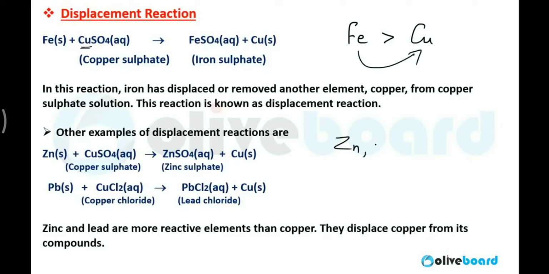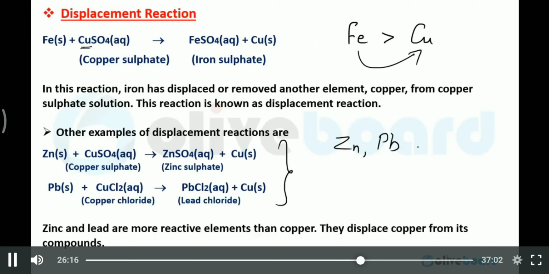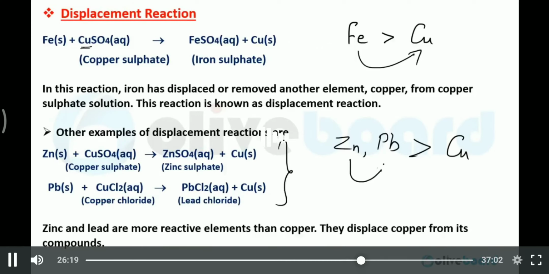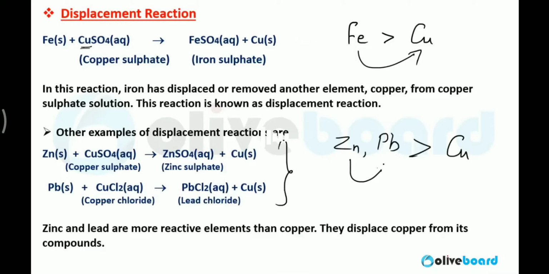Similarly, the reactivity of zinc and lead, in these two examples, is greater than copper. So zinc and lead both can easily replace, or you can say displace, copper from its copper sulfate solution, aqueous solution of copper sulfate.